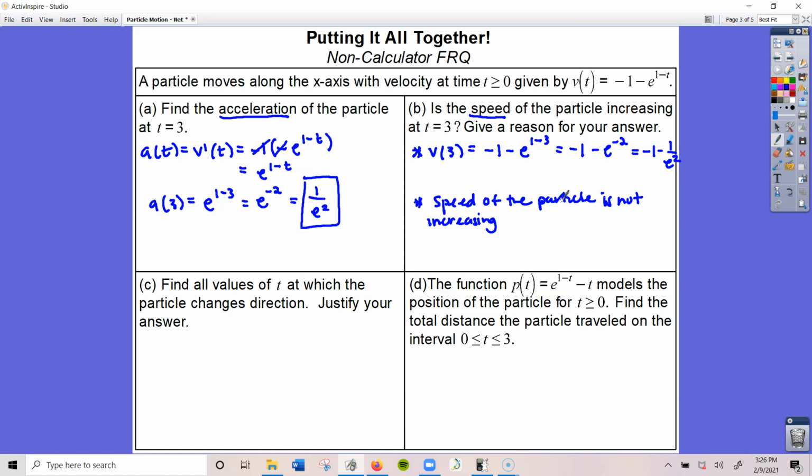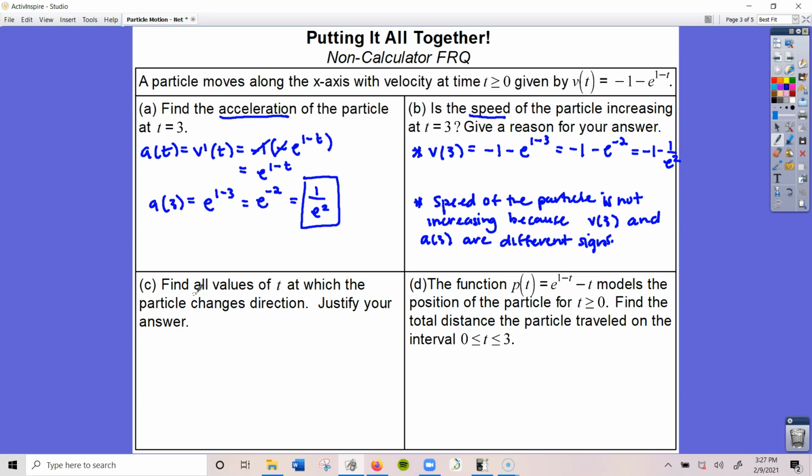So we would say that the speed of the particle is not increasing because v of 3 and a of 3 are different signs. Remember, if they were the same sign, then the speed would be increasing.